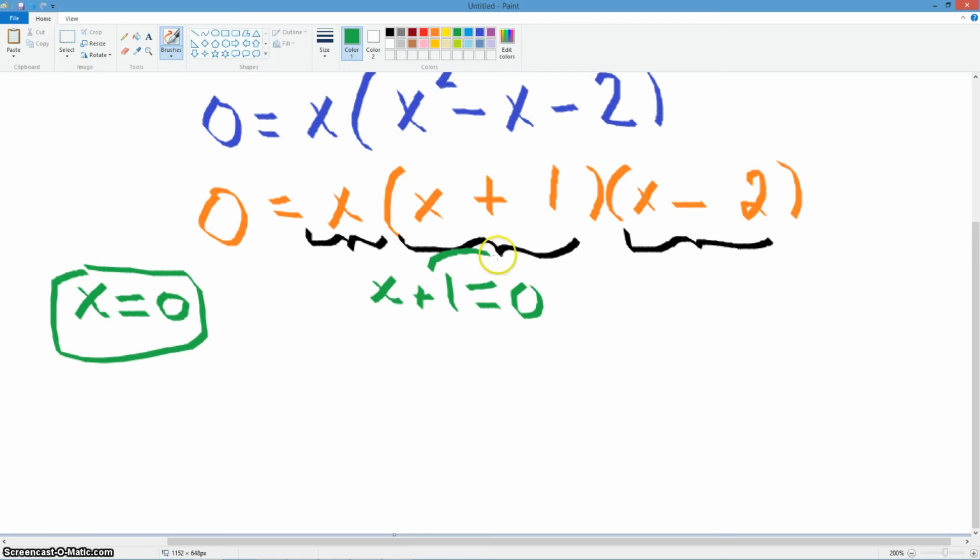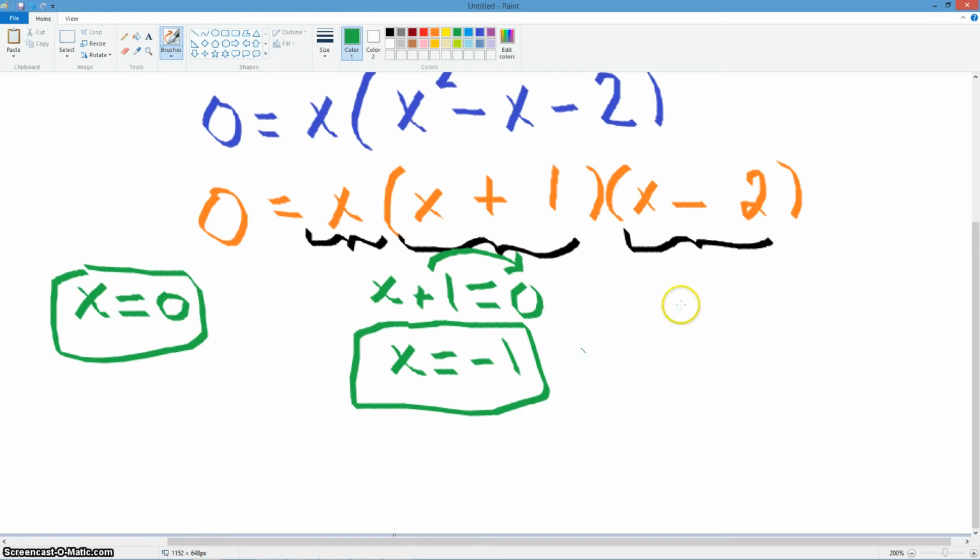I move this positive 1 to the other side, and it becomes a negative, so I end up getting x equals negative 1. And then I have x minus 2 is equal to 0. I move this negative 2 to the other side, and it becomes a positive 2, so I get x equals 2.